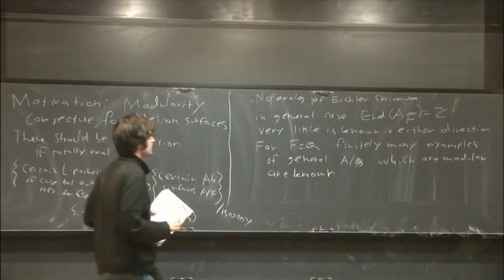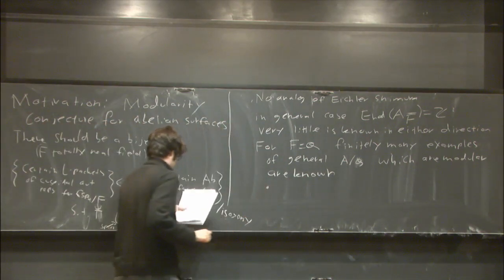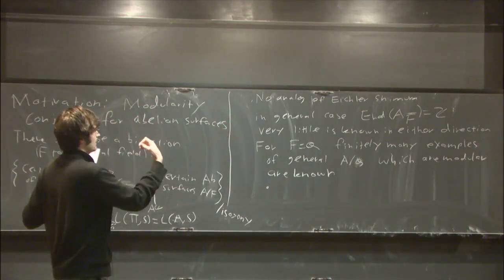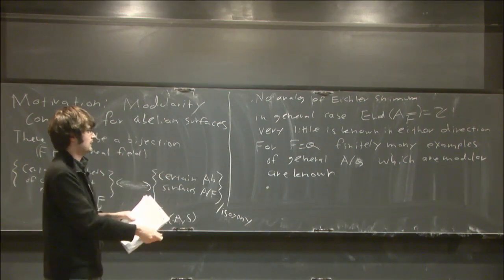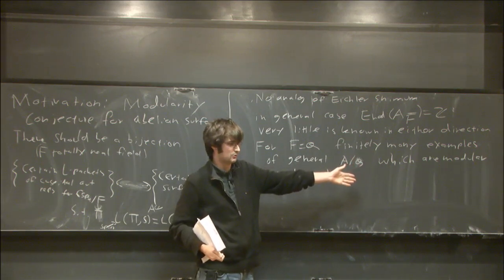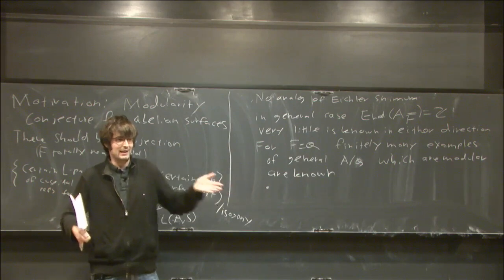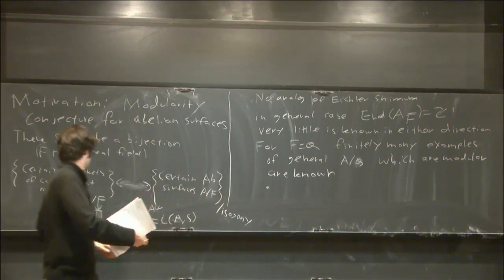Let me mention the kind of people who prove this sort of thing. This is a very computational subject. Basically what they do is you find an abelian surface, maybe as the Jacobian of a genus 2 curve, and then you go and find the modular form, and then you have to prove that this holds.